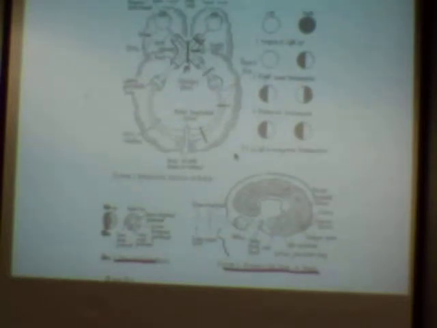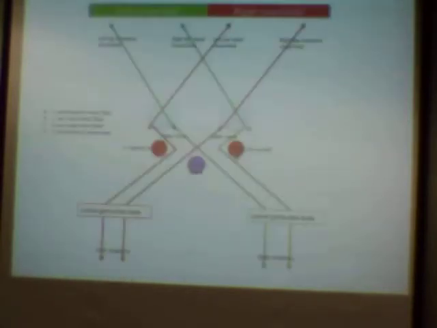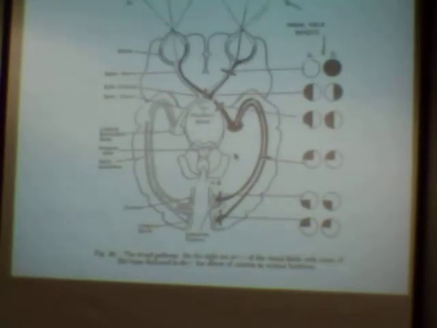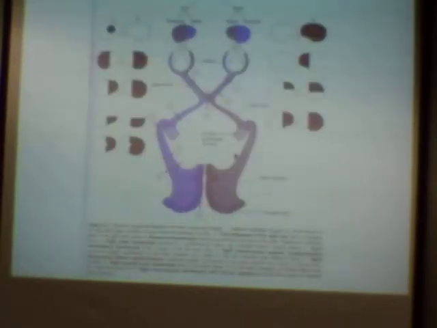Left homonymous hemianopsia, half blindness. Can you read that there? I've got another diagram somewhere of that. Where it's labelled down there, right hemianopsia, left hemianopsia, whichever side it is. You're talking about the right visual field being gone.